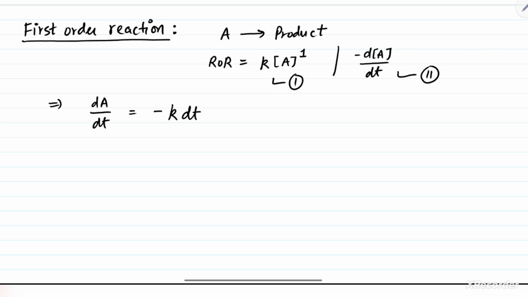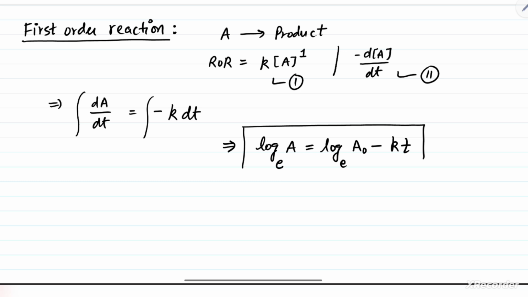When we integrate these two terms, rearranging them, the final outcome is log base e. This is very important, log base e, not 10. So log base e A is equal to log base e A naught minus kt. This is the integrated rate equation for first order.